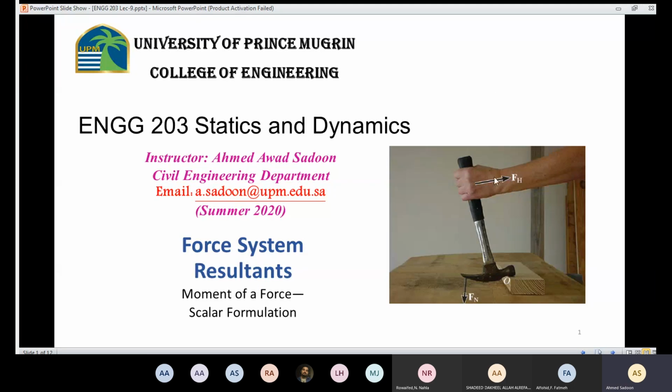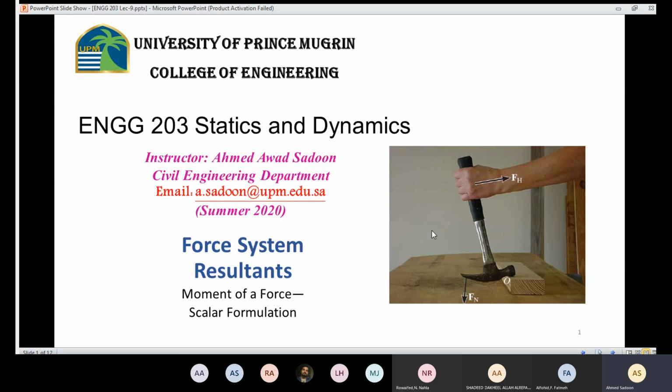Again, we used to have the scalar and the vector, and we know that the force is a vector. Since it's a vector, it means that it has magnitude and direction. The same goes for the rotation tendency as a result of the force.